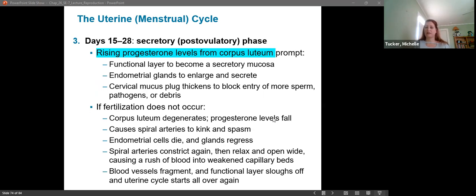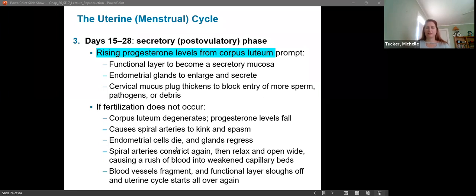Progesterone levels fall. When progesterone levels fall, the stratum functionalis is no longer going to be supported. These falling progesterone levels cause the spiral arteries to kink and spasm, and then that cuts off the blood supply to the endometrial cells of that stratum functionalis.